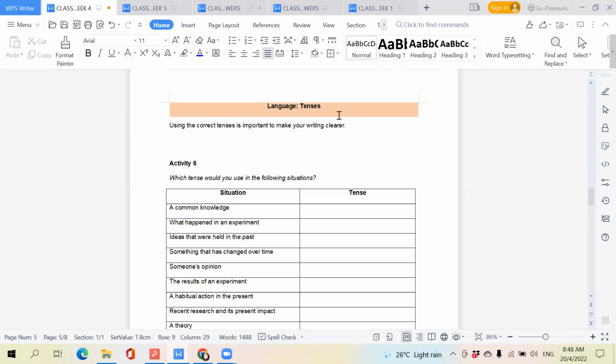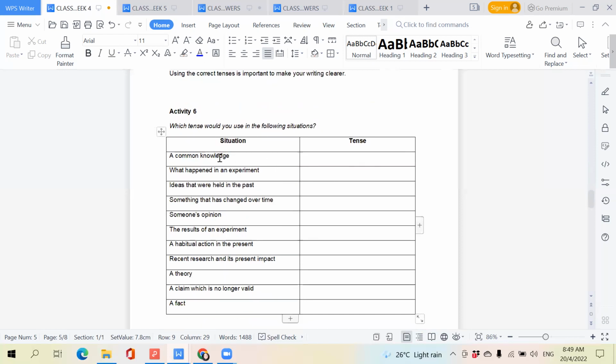But the tenses in English are way more specific. So you need to know your tenses in order to be able to write a proper paragraph or essay for that matter. Like I said, it is important for you to use the correct tenses in your essay or writing to make sure that your writing is clearer and people can understand it better.